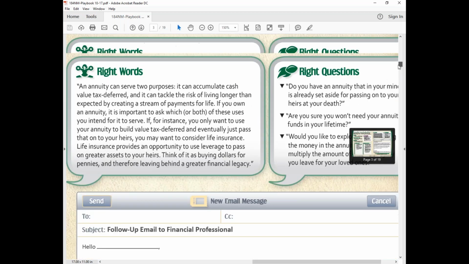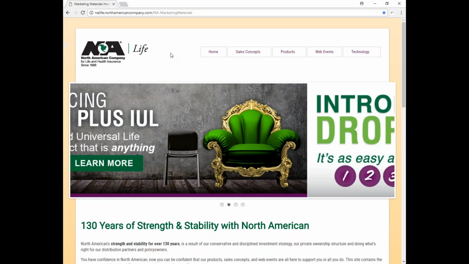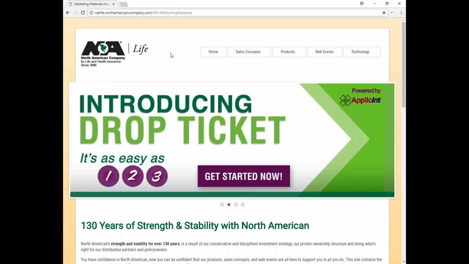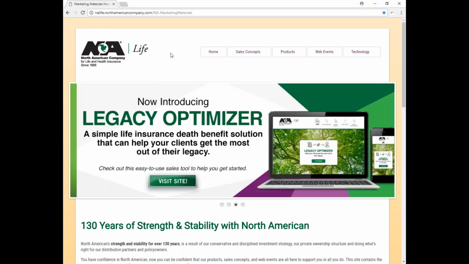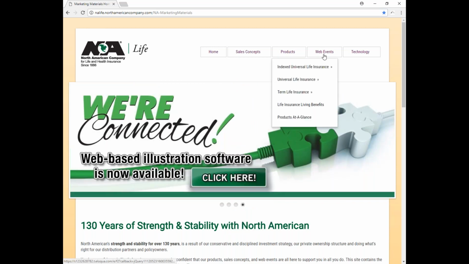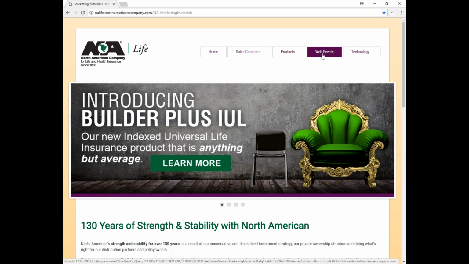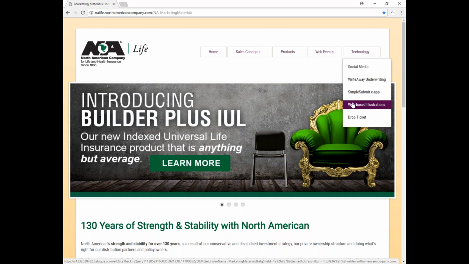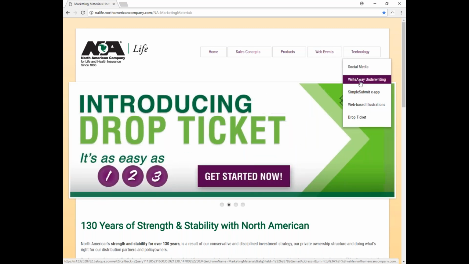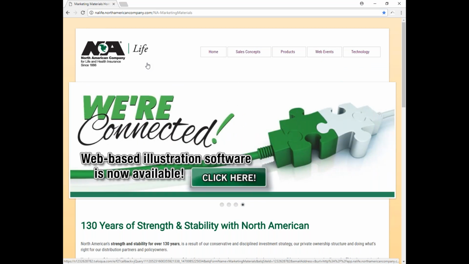But also to answer twofold, you do not need a username and password to access this website, so it is open. So if you guys wanted to come out here even and read about the concepts, read more about the products, see some of our web events that we also host for everybody, some of our different areas of technology, like right away that we talked about on the first session we did, all of that will be available to you. And again, you don't need a username or password to access it.